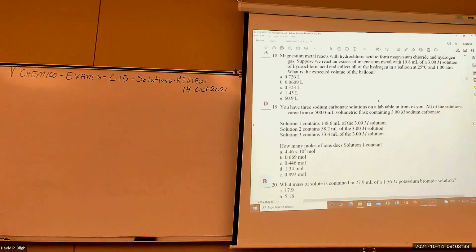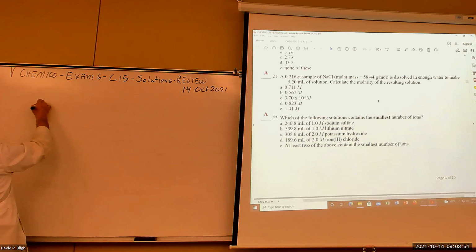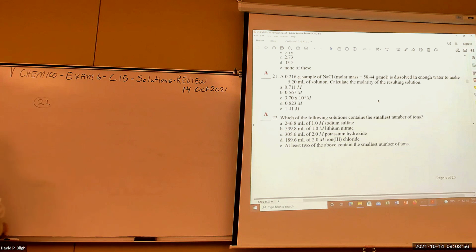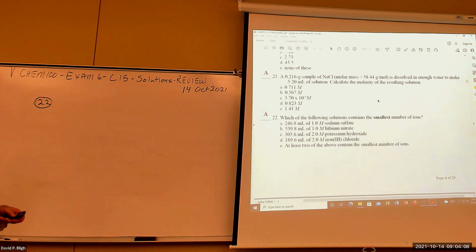All right. Now we'll skip down to 22. There it is. I need a better marker. Here we go. Which of the following solutions contains the smallest number of ions?